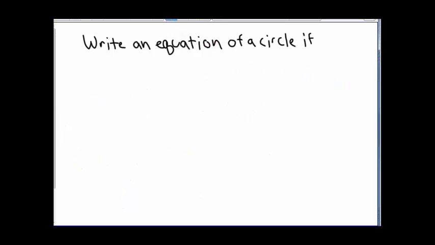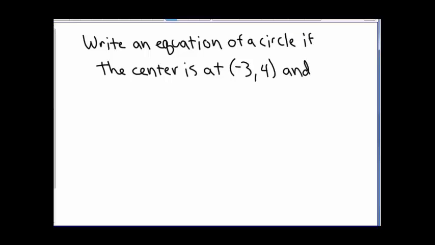Alright, so let's talk about what if we're given information and we have to come up with an equation for the circle. So what if we know that the center is located at negative 3, positive 4, and that we have a radius that will be 5?